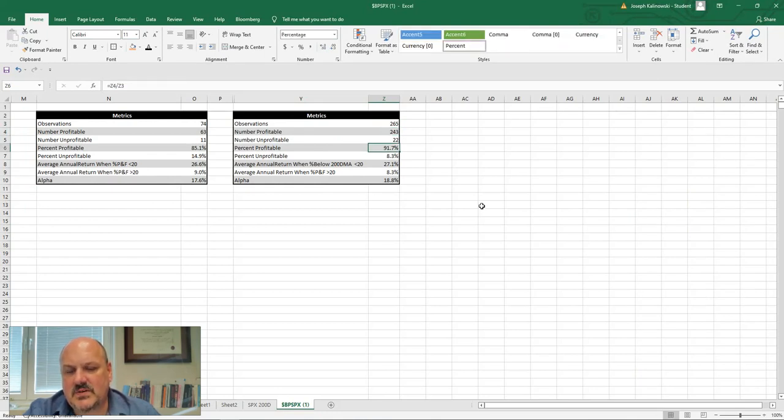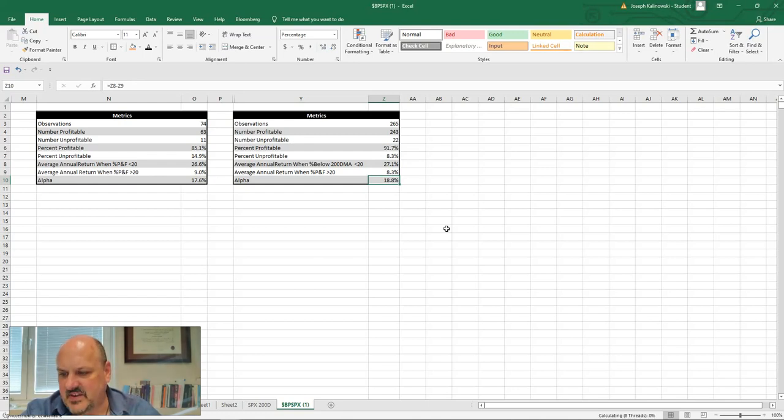That's about 92% of the time. Not only that, the average annual return for the S&P 500 was 27.1% versus 8.3% when it was above the 20% level. So that represents alpha of about 19%. So I'm optimistic on the very, very long end of this cycle.